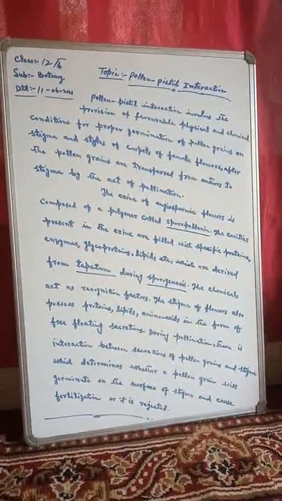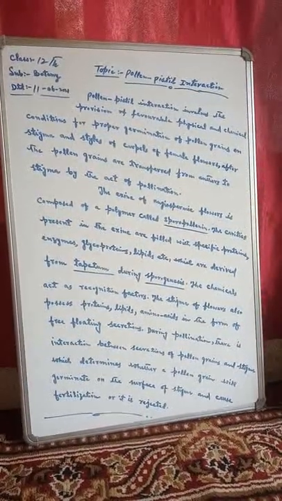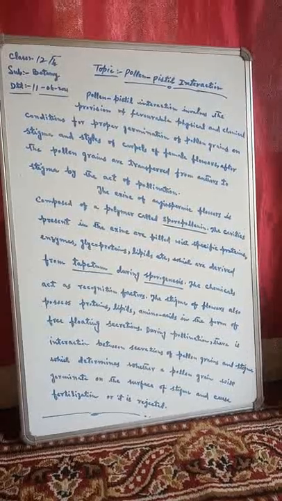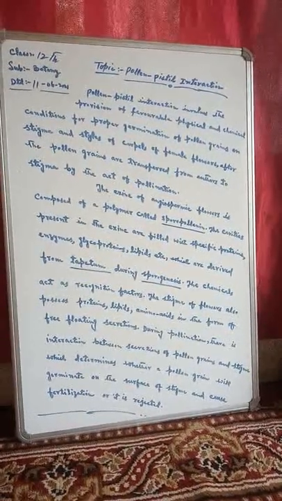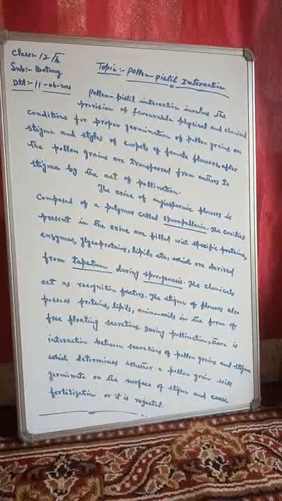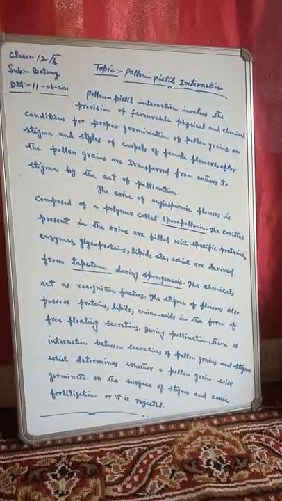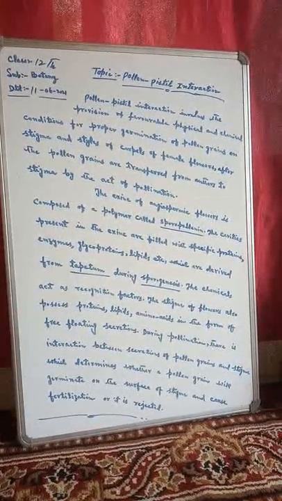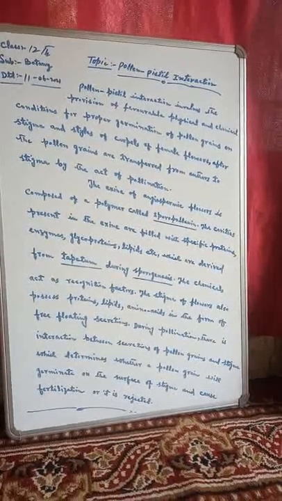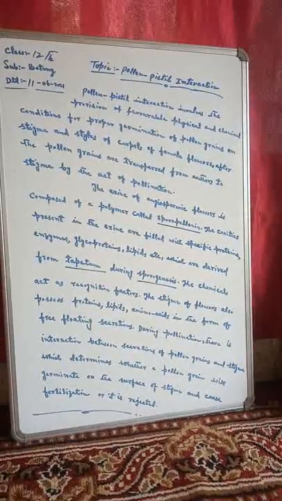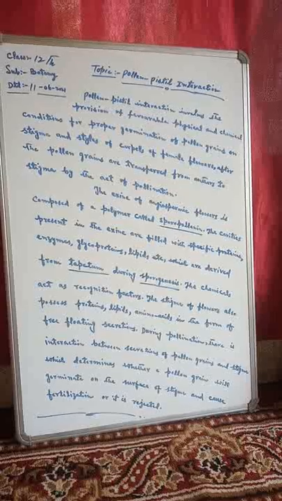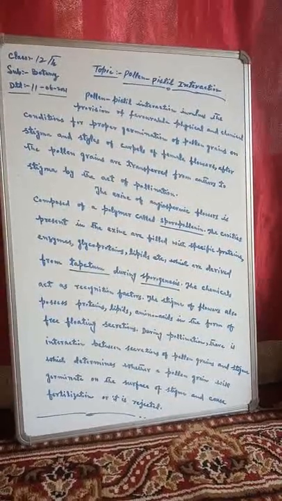Dear students, pollen-pistil interaction involves the provision of favorable physical and chemical conditions for proper germination of pollen grains on stigma and styles of carpels of female flowers, after the pollen grains are transferred from anthers to stigma by the act of pollination.